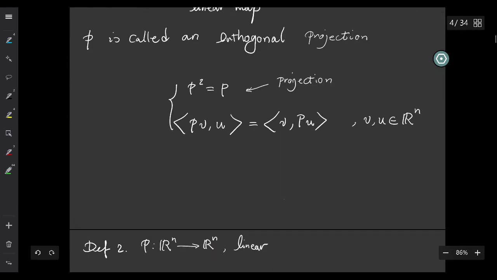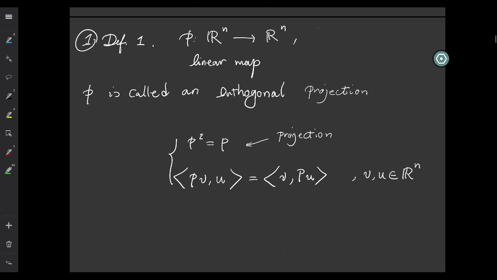So let's recall the definition of an orthogonal projection. We have a map, call it P, which is linear from Rn to Rn. Of course, this can be extended to much more general cases than Rn itself, to any vector space equipped with an inner product, real or complex.